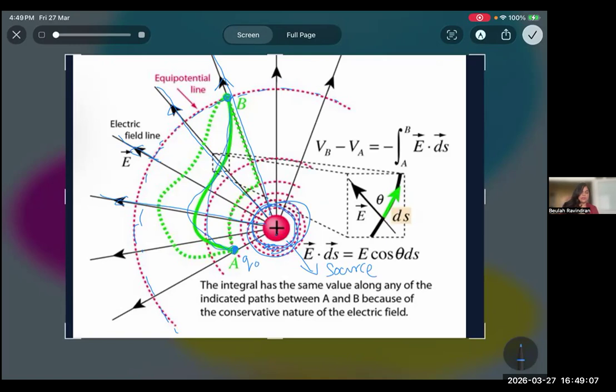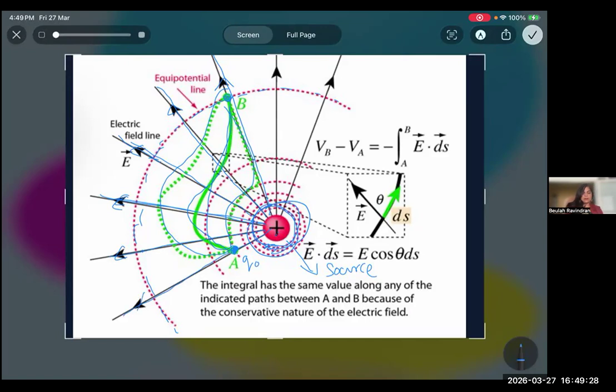Like this also it moves, like this also, like this also, in the electrostatic potential. If you want to measure the potential energy from this point to this point, the work done has to be calculated, since it is interacting with the field.